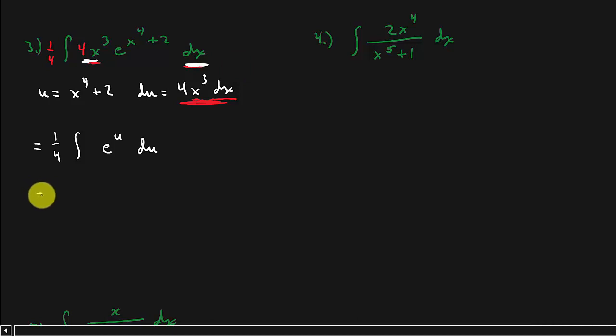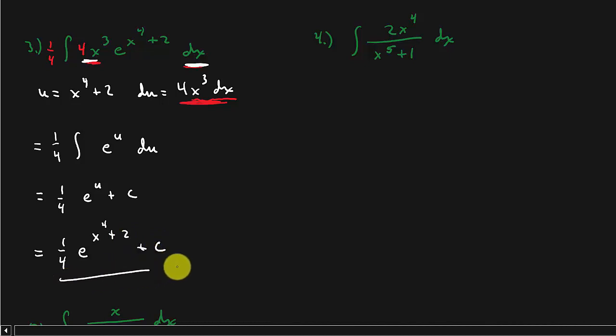So this is equal to 1/4 e to the u plus c. Then I have to substitute this back in for u. That's going to be 1/4 e raised to the x to the 4th plus 2 plus c. And there's my answer.